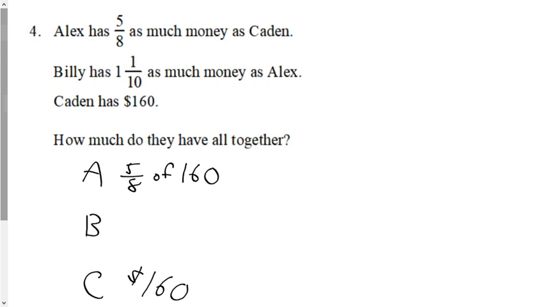So let's calculate that. Treat your whole number over 1. Cross-reduce if you can. Both are divisible by 8, giving you 20 over 1. Meaning, when I multiply it out, I get 100 over 1, which means Alex has $100. Billy has 1 1/10 as much as Alex.